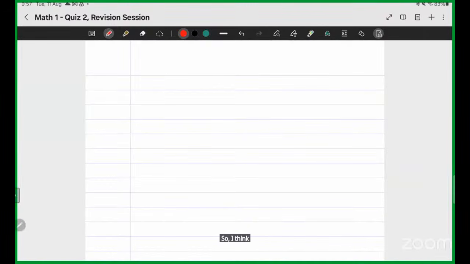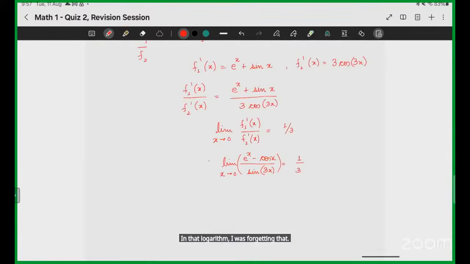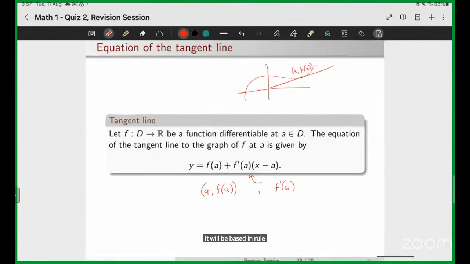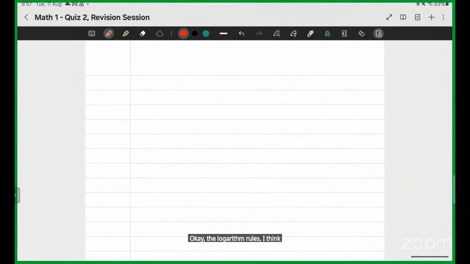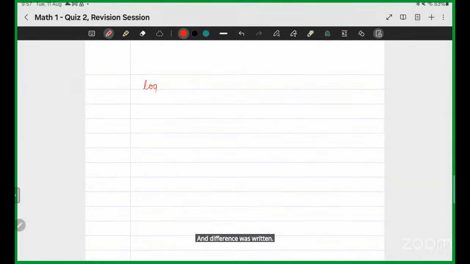Sir, I think we forgot the logarithm rules, the base change rule. Yeah, if we convert to base 10, suppose we have log base 3 of 4, how do we change it to the form of log base 10?